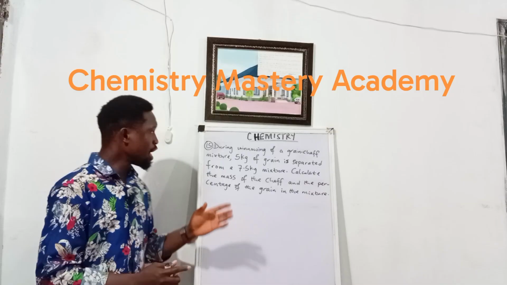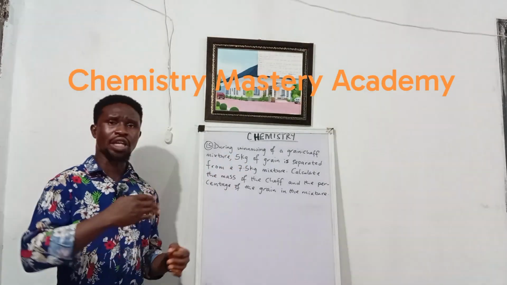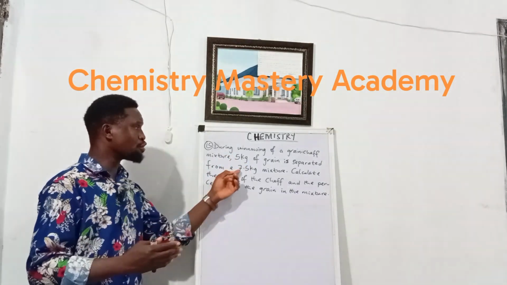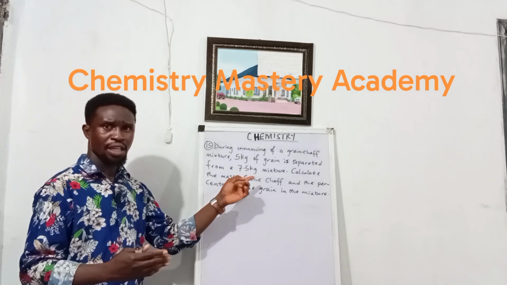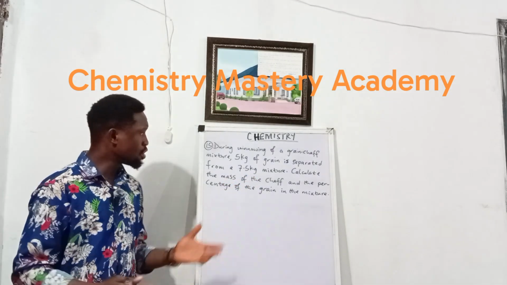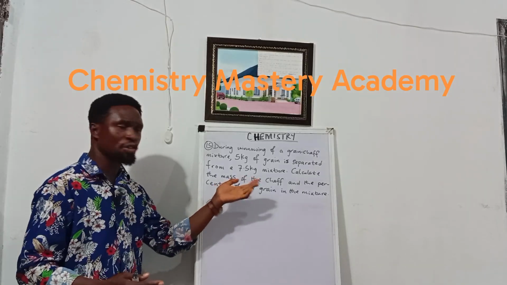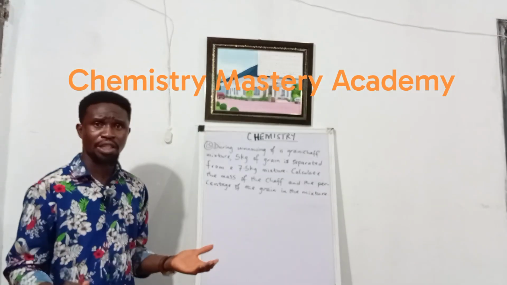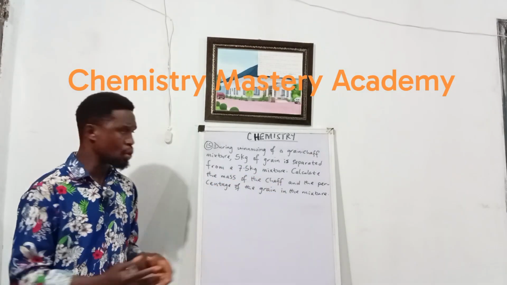Right? Now, if 5 kg of grain goes out of the mixture of 7.5 kg, it means that what we are left with is the chaff, right? Therefore, the question says calculate the mass of the chaff. Now, how do you calculate the mass of the chaff? It's pretty simple.